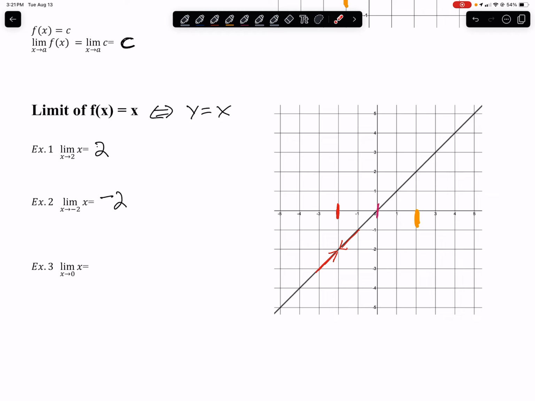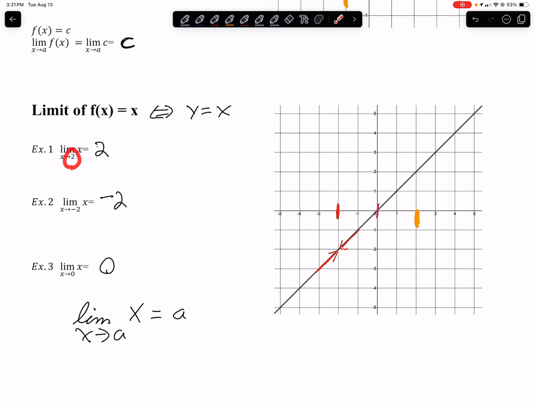And we're going to approach from the left and from the right. As I get close to 0 from both sides, what's the y value from both sides? Hopefully you see it's clearly 0. So here's the general rule. If I take the limit and x is approaching some value a of y equals x, that's going to be a.